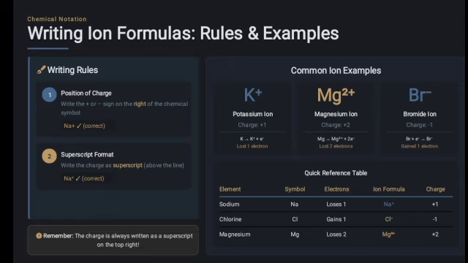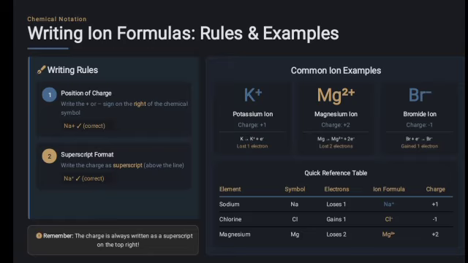And now, what is the subscript format? Write the charge as a superscript, meaning you must write that charge above the line, on the top, like K+ for potassium ion.